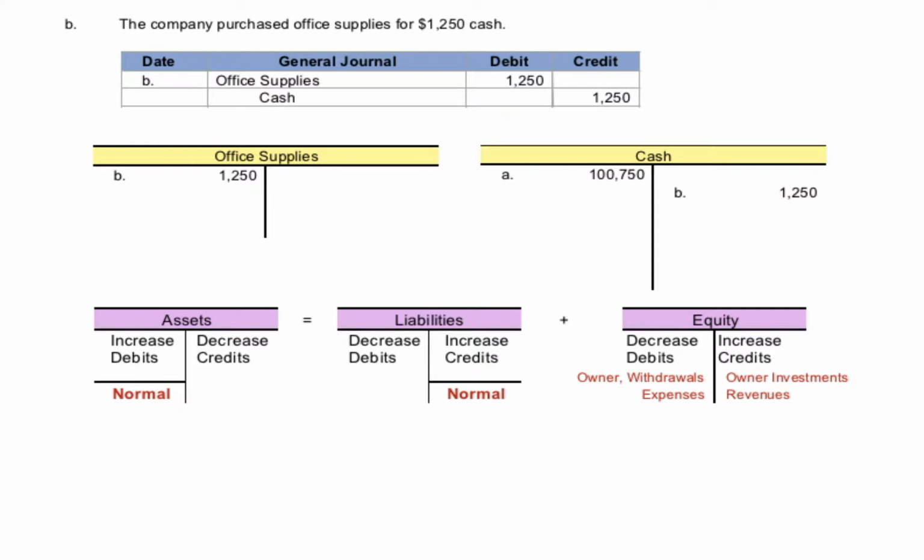The only exceptions to that rule are owner withdrawals and expenses, which are technically not even equity accounts, they just affect equity. They don't follow the left-right rule. That's why they're written over here separately, saying these two, in terms of debits and credits, actually function like assets.